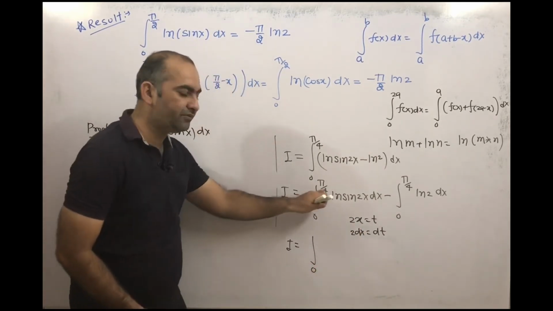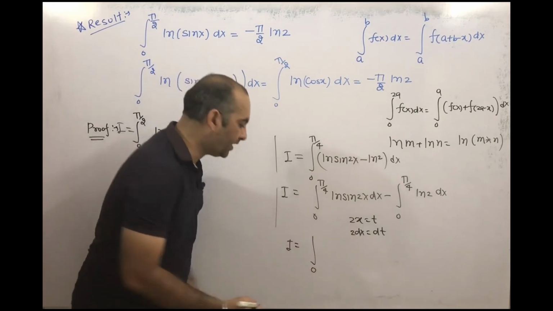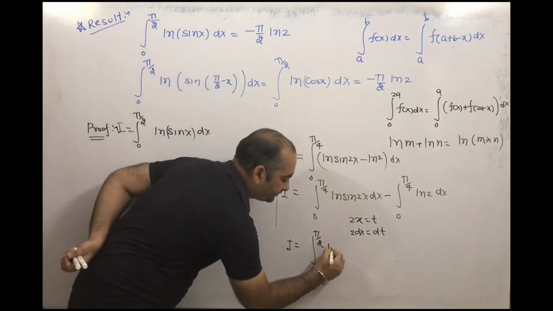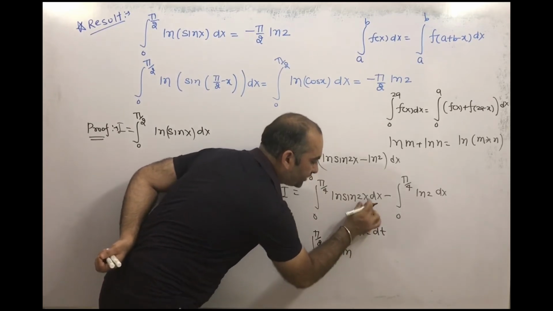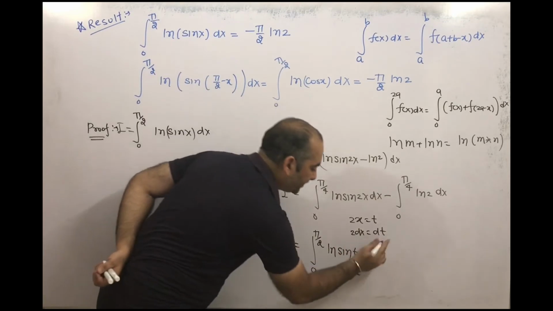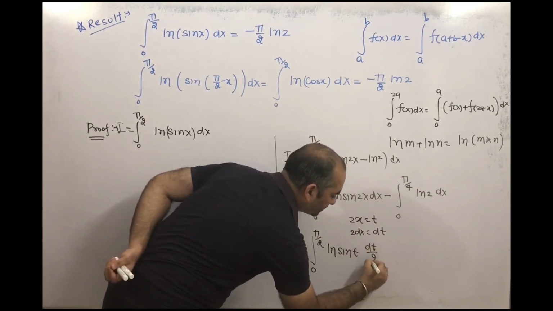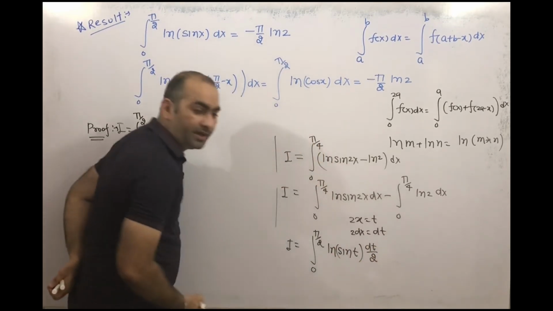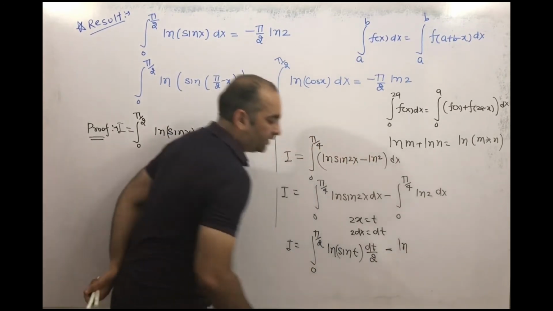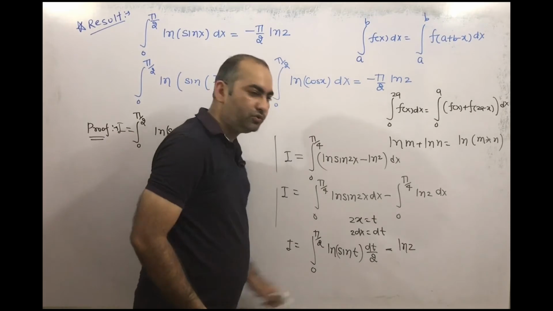Now if I put pi by 4, 2 into pi by 4 will be pi by 2. ln of sine of t instead of 2x, and dx equals dt by 2. Minus ln 2 is outside.